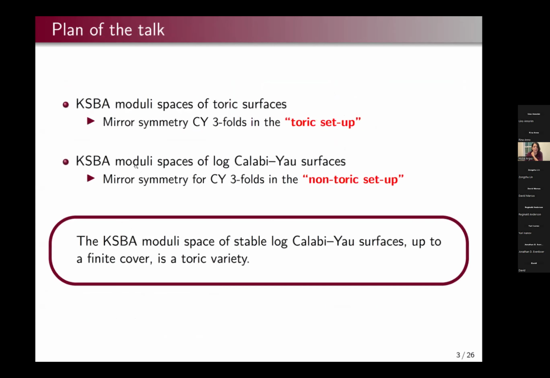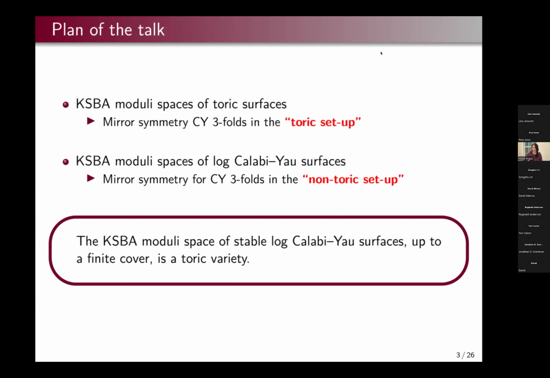So the plan of my talk is as follows. I want to tell you about KSBA moduli spaces of toric surfaces and how mirror symmetry for Calabi-Yau threefolds in the toric setup can be helpful to understand these moduli spaces. I will tell you how these are defined. And afterwards, I will look at the non-toric setup and tell you how to understand KSBA moduli spaces of log Calabi-Yau surfaces using mirror symmetry for Calabi-Yau threefolds in the non-toric setup.